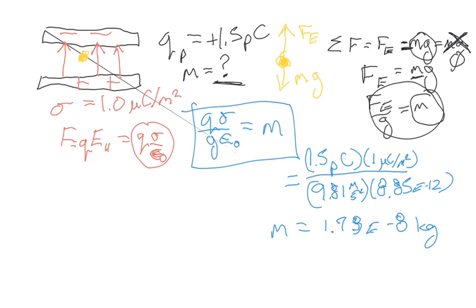It'd be 17 nanograms, and then you need to divide that by 1,000, and you'd end up with 17 picograms. It's pretty close to the charge, actually, which shouldn't be too surprising as far as the exponent is concerned. So that's the first part.